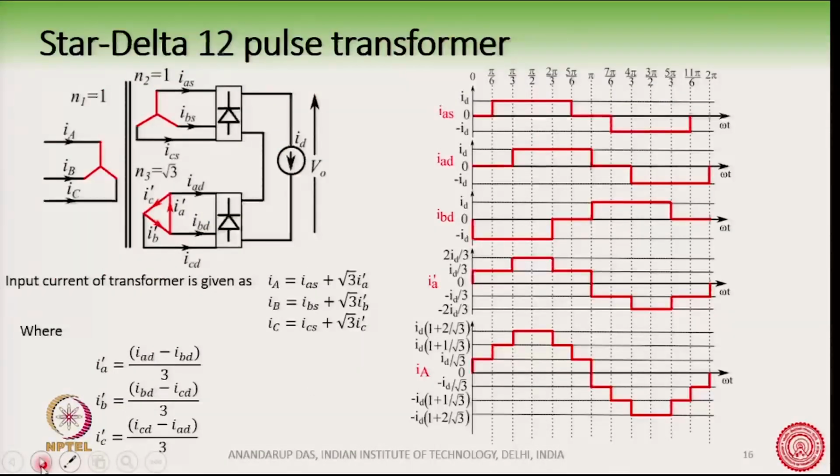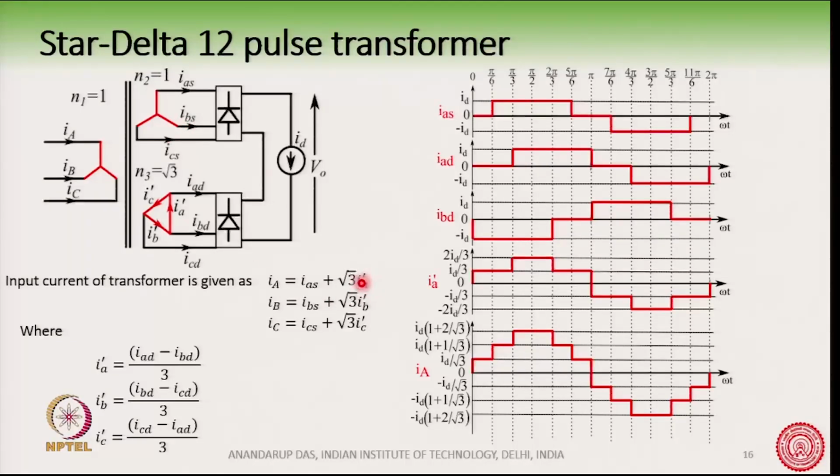Now, let us look into what are the IAS and IAD waveforms. This is important to understand the waveform of I capital A. We are trying to get the waveform of I capital A. We have found one relationship: I capital A is the contribution of the star and the delta.